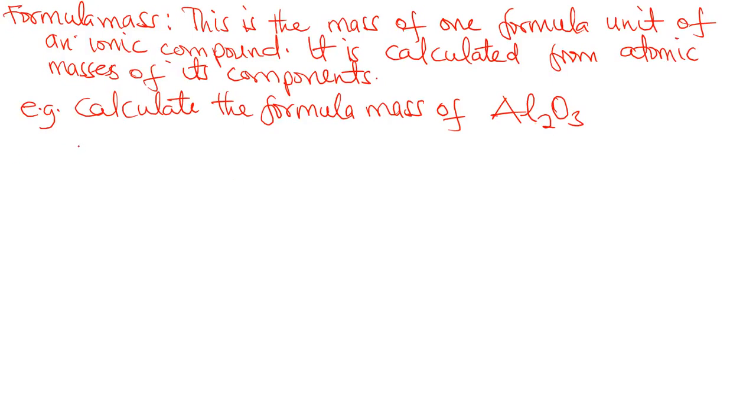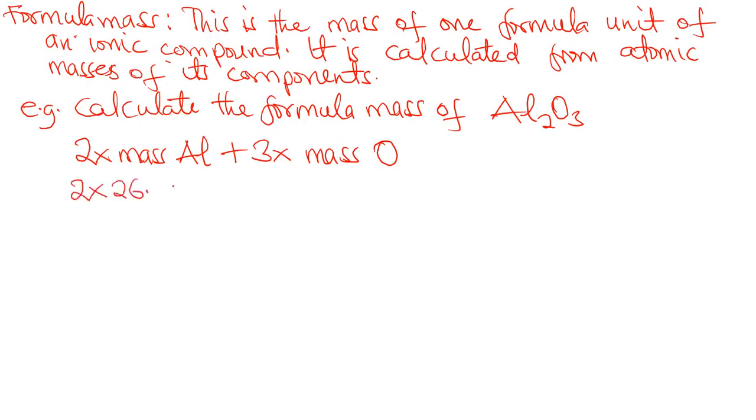So we are going to say 2 times mass of aluminum plus 3 times mass of oxygen, which is 2 times the mass of our aluminum, 26.98, plus 3 times the mass of oxygen, 16.00, which gives us 101.96 atomic mass unit.